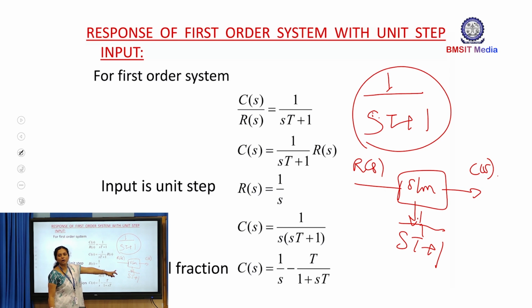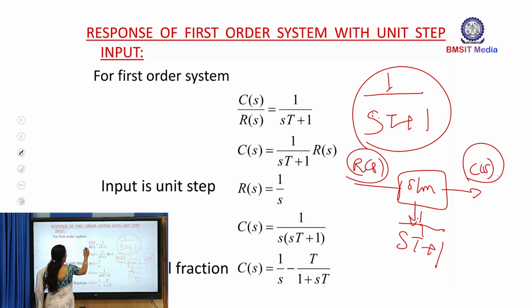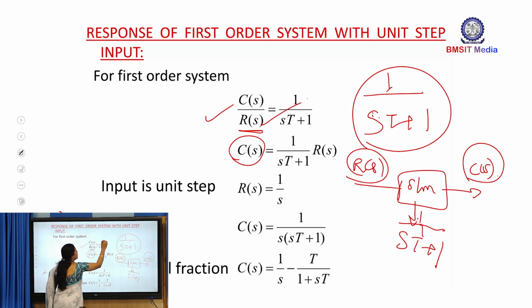Therefore, if I want output divided by input, I have c of s divided by r of s, which is equal to 1 divided by s t plus 1. If I want only the output function, whatever r of s was in the denominator, I shift to this side. Therefore, c of s equals 1 by s t plus 1 into r of s.